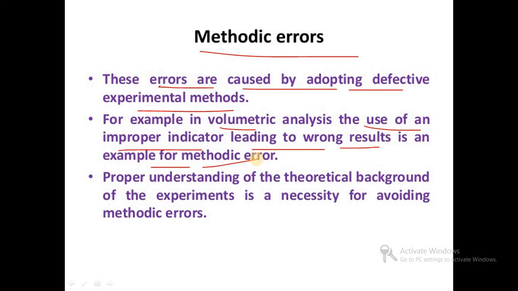If we use a faulty reagent or indicator, for example methyl orange instead of phenolphthalein, then the reading will be false. Proper understanding of the theoretical background of the experiments is necessary for avoiding methodic errors. So the method must be accurate to carry out the correct experiments.